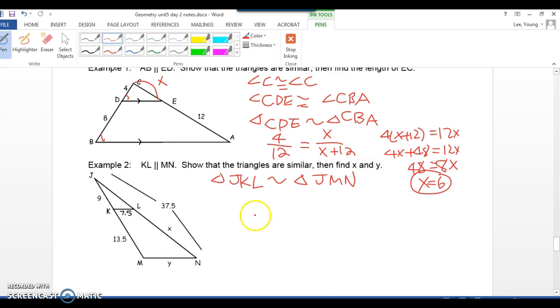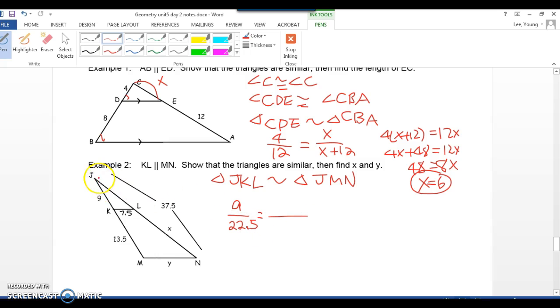So how do you set up the proportion for this one? Let's figure it out for x first. We can use the proportion 9 over the whole thing, which is 22.5, the small triangle over the big triangle.